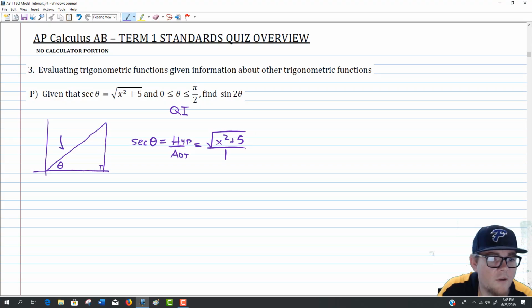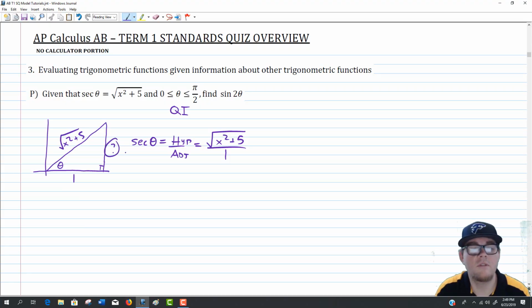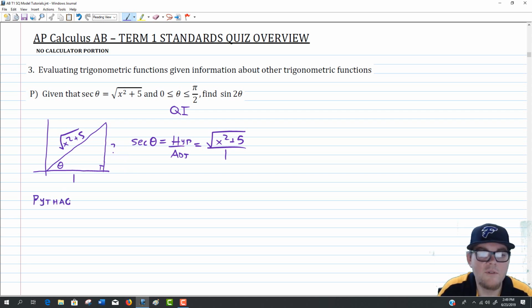With that in place, our hypotenuse is square root of x squared plus 5. Our adjacent is 1. We can once again use the Pythagorean Theorem to figure out this missing side, the mystery side that's over there. I do this in my head most of the time, but I'm trying to be as communicative as possible in these videos.